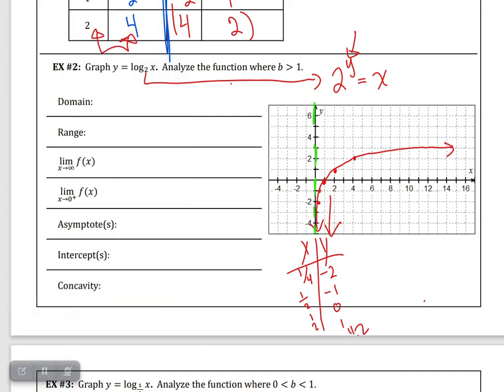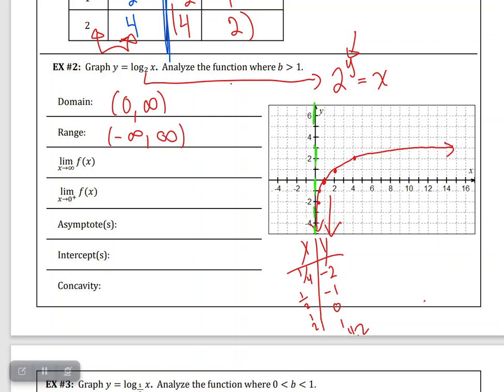The domain of this, as we've talked about before, because it won't pass that asymptote, is 0 to infinity. And the range goes all the way down, so negative infinity. And technically, even though it slows down with how far it goes up, it would continue to go on forever. So it does go on to infinity.